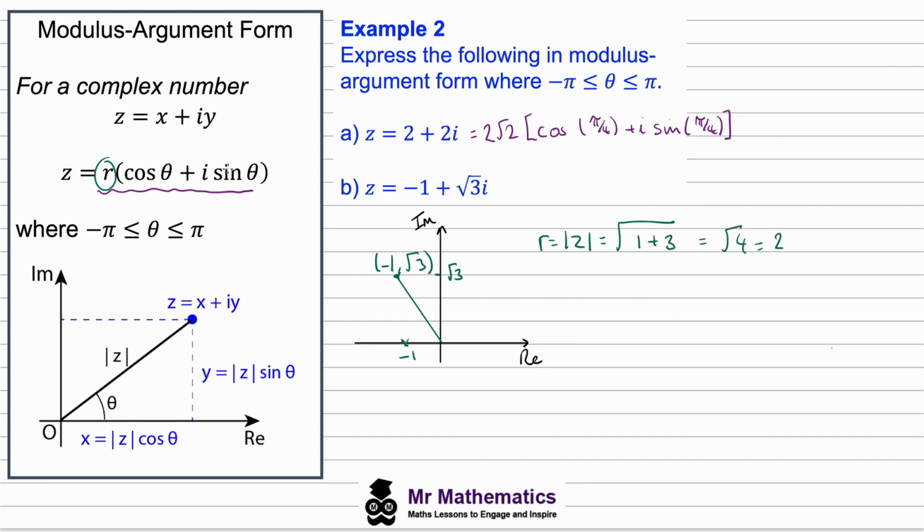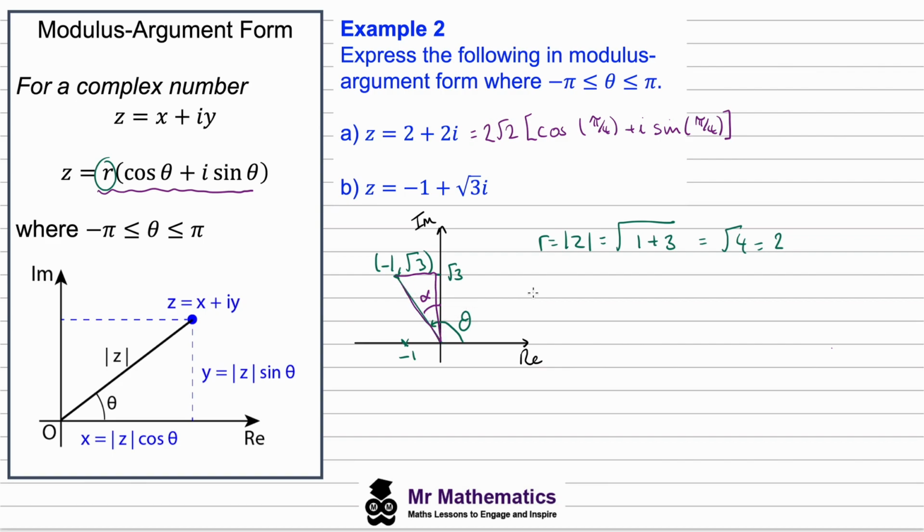But now to work out the argument, well, the argument has to go from a real axis. So this will be the argument of z. And we'll call this theta. But we can work out this theta by working out this angle, which I'll call alpha. I'm working out this one because this is part of a right angle triangle here.